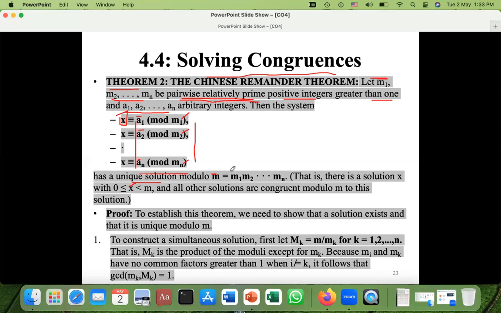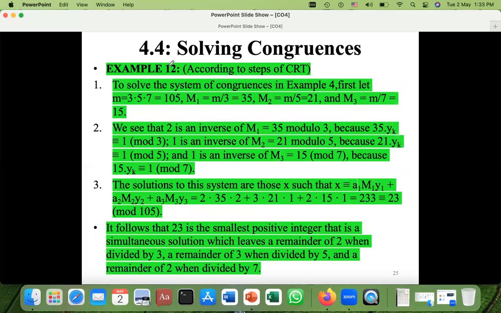So you have to multiply all moduli with each other, and then you will get some resultant value. That is the resultant value for the modulo M. And keep in mind that that would be the first step if some question is given to you as an exercise, like here.